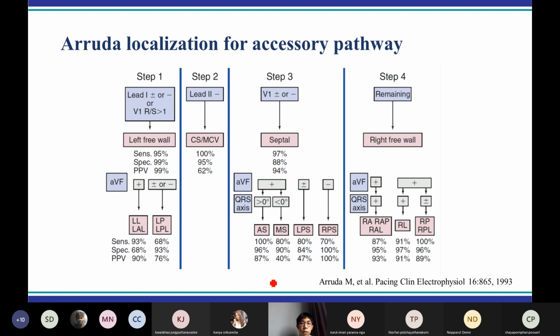If it is isoelectric or negative, it should be left posterior or left posterolateral. This is because I will draw this, the mitral valve ring. This is the aVF lead, which is an inferior lead.